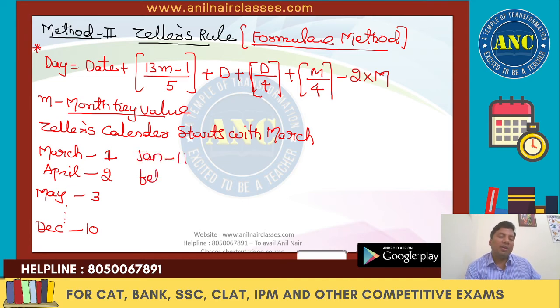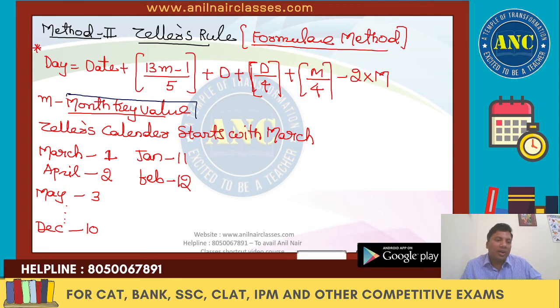February month key value, it will be 12. Zeller's calendar always starts with March. Why did he start with March? Because if I take January, there will be sub cases in the month of February, right? Zeller's calendar starts with March. Month key value.